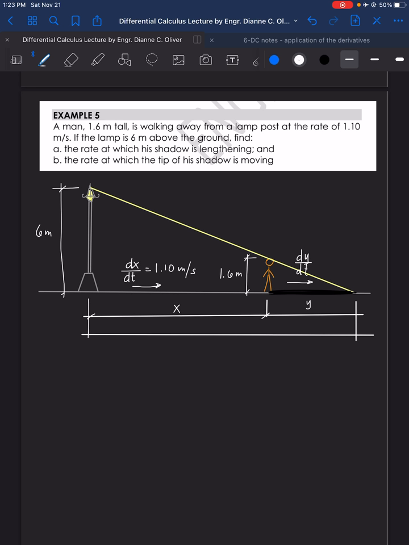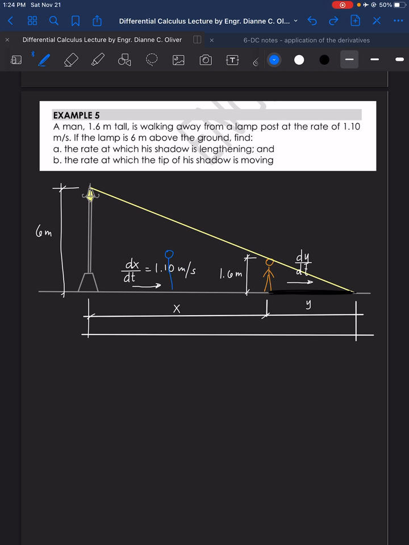Next, at letter B, the rate at which the tip of his shadow is moving. Yes, the tip of the shadow, this portion here, is moving as the person is walking. If this is the beam of light, of course, the tip of the shadow is located in this portion.